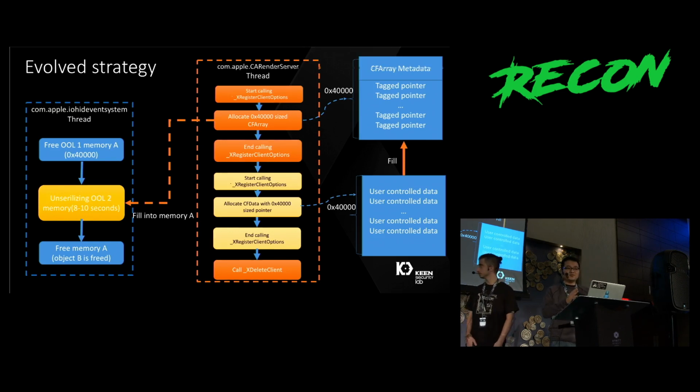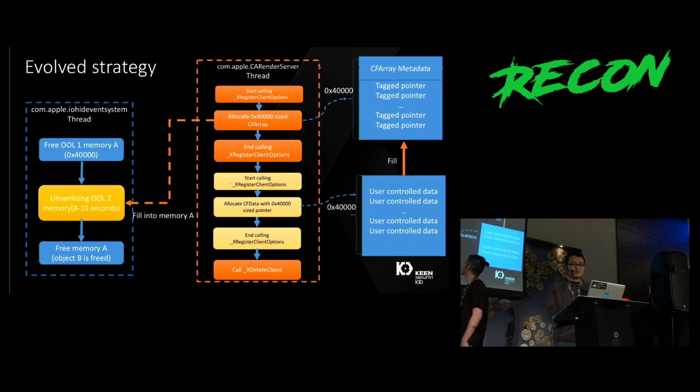So let's involve this exploitation strategy, which is a little bit complex. In the left part, we just free OOL 1, which is of size 0x40,000. In between, we make a very complex message to hang that thread.